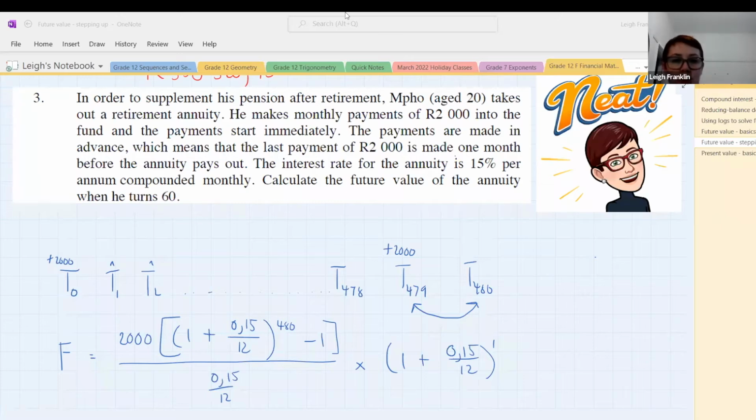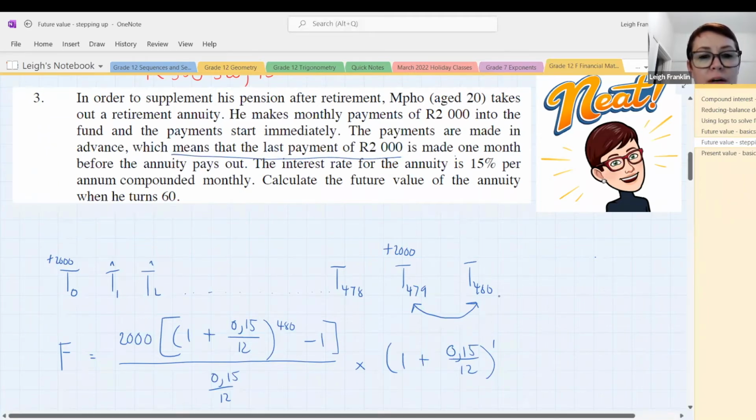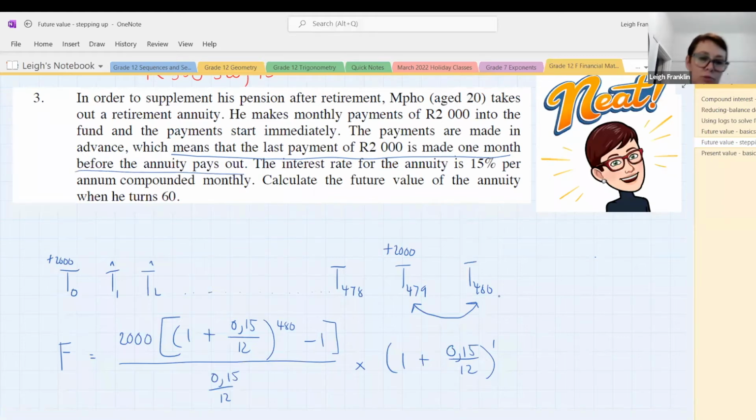N needs to be equal to 1 because it says here that he makes his payments at the beginning of every month. And his last payment of 2,000 Rand is made 1 month before the annuity pays out. That's him making this last payment of 2,000 Rand 1 month before the annuity pays out.